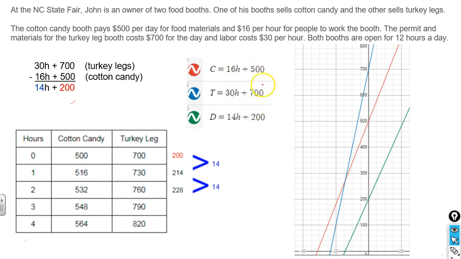Notice that when we look at the y-intercepts for the original two functions, and then we look at the y-intercept for the difference of those two functions, you can see the relationship between the y-intercept for turkey leg, the y-intercept for cotton candy, and now the y-intercept for the difference. It is in fact the difference of the original two y-intercepts.